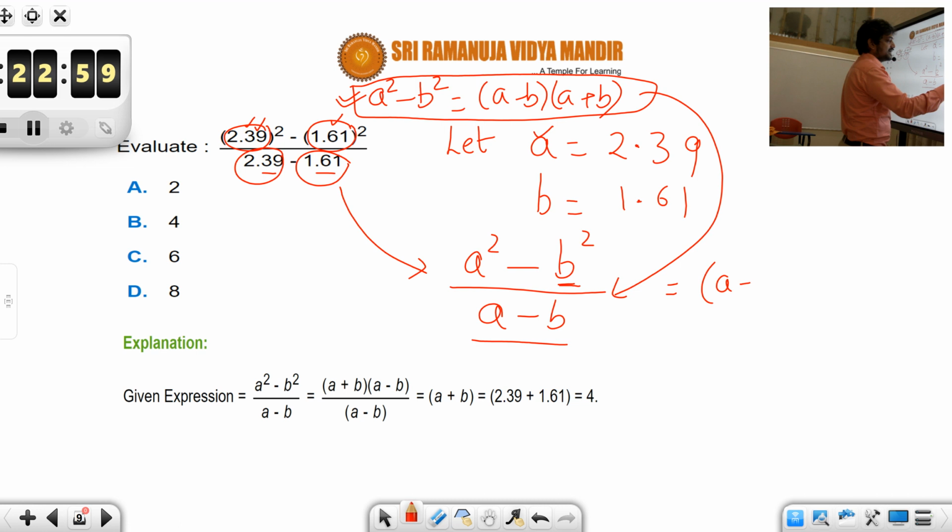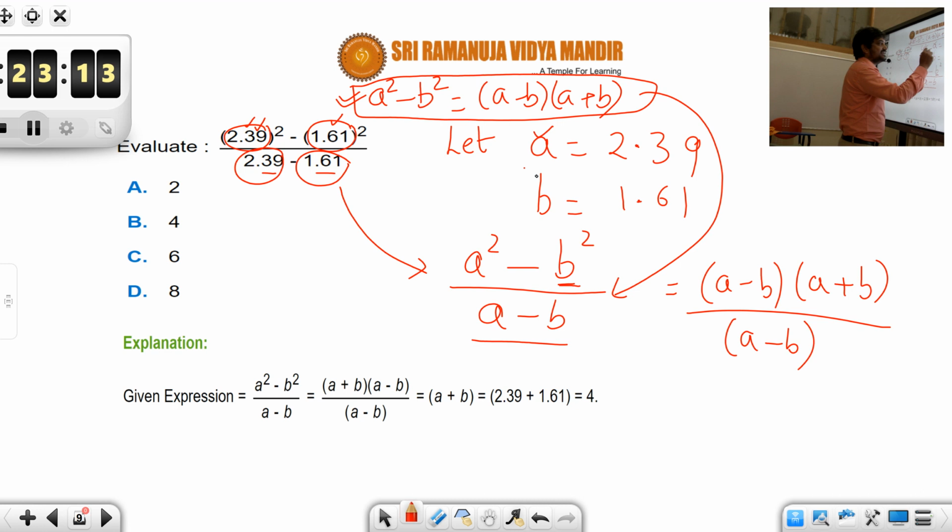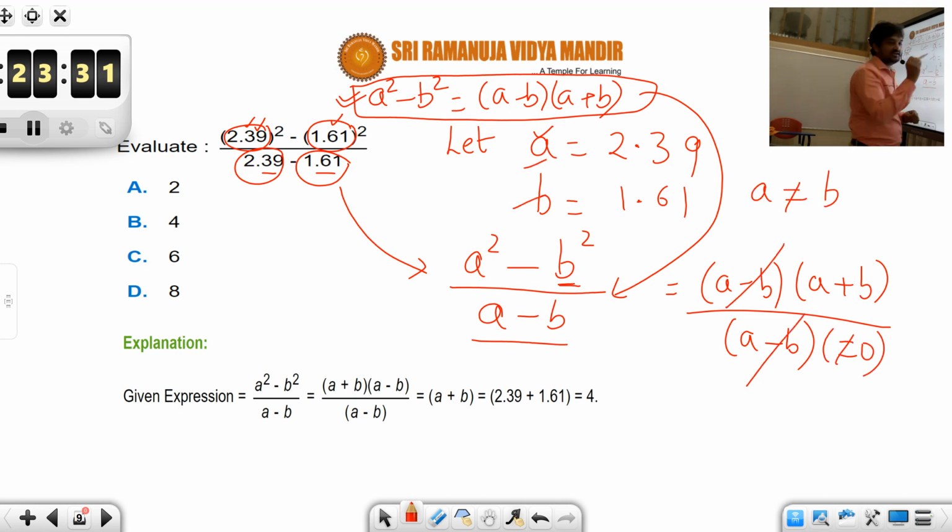Now you can observe that a and b are different. A is not equal to b, students, so the denominator is not 0. Whenever the denominator is not 0, and if you find the same factors in the numerator and denominator, you can cancel them.